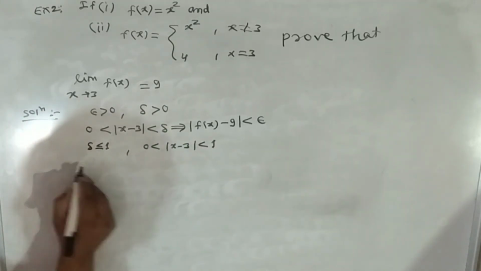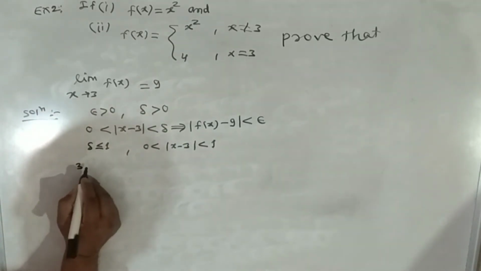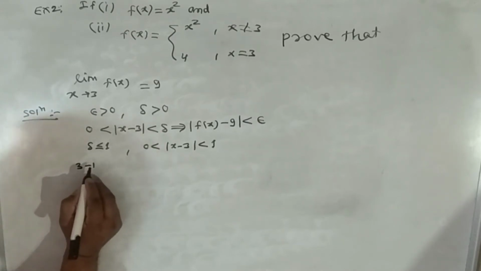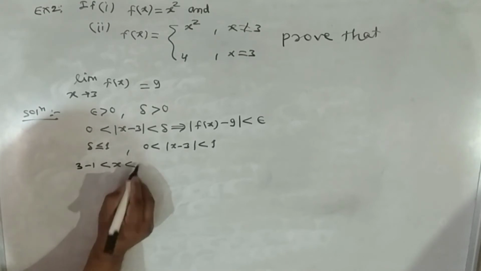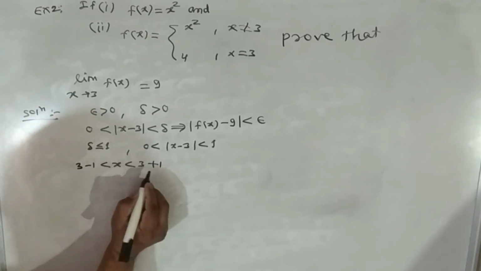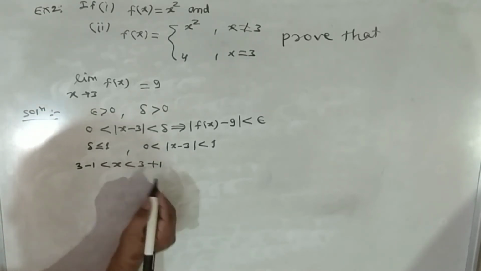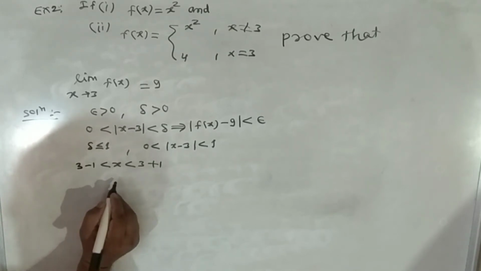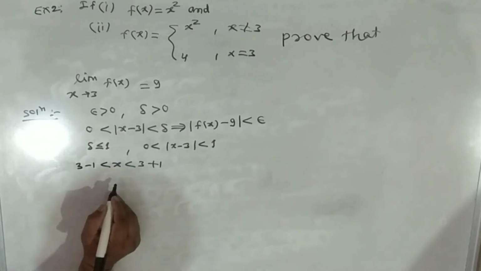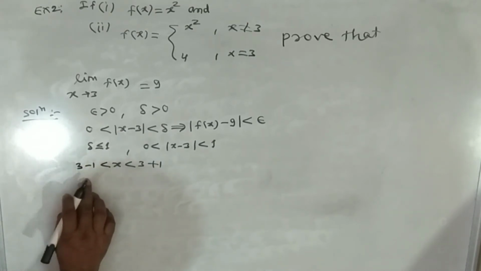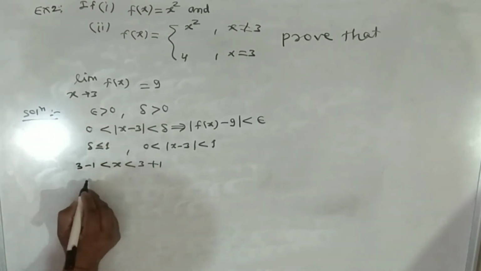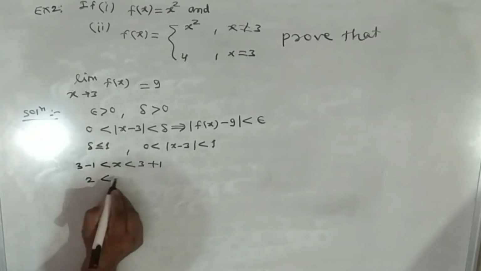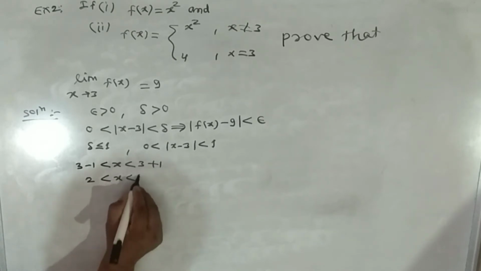That is, 3 minus 1 is less than x is less than 3 plus 1. So this can be written as 3 minus 1, which is 2, is less than x, which is less than 3 plus 1, which is 4.